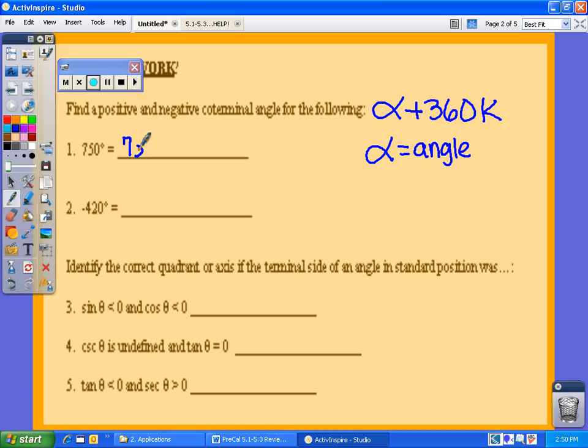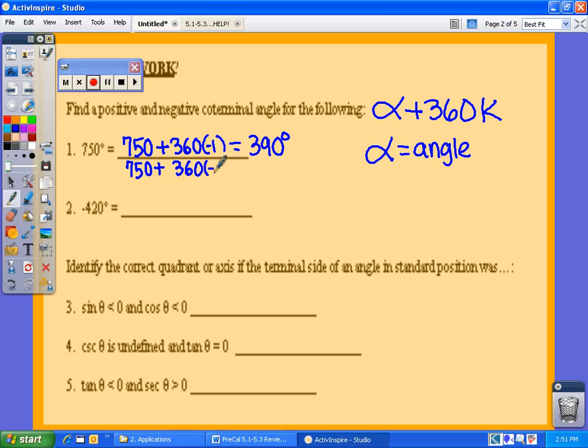So for here, I'm going to do 750 plus 360 times 1. And when I do that, I get 390. Now, 390 is a positive coterminal, so I need a negative. So then I'll do 750 plus 360 times 2. When I do that, that gives me 30 degrees. So that's not going to work. And actually, the first one was supposed to be -1.